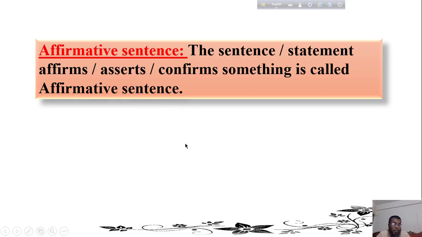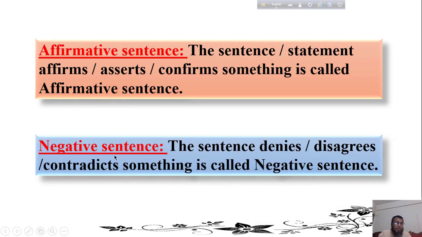Now look at the negative sentence. What is a negative sentence? The sentence that denies or disagrees or contradicts something is called a negative sentence.